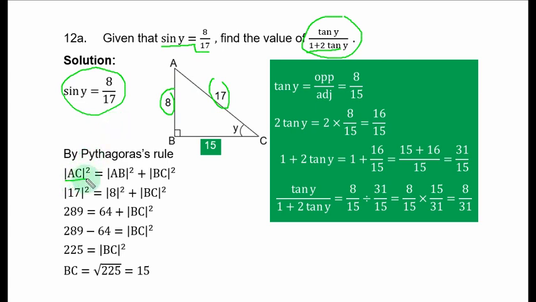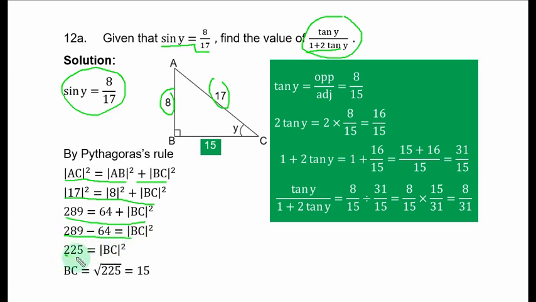That is AC squared for the hypotenuse equal to AB squared opposite plus BC squared adjacent. So you have 17 squared equal to 8 squared plus BC squared. If you simplify, you have this. You collect like terms, you have this.